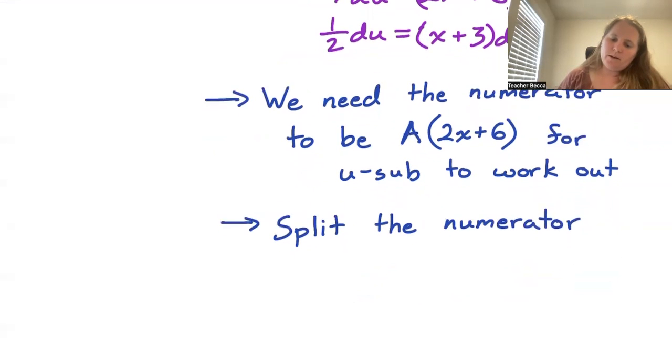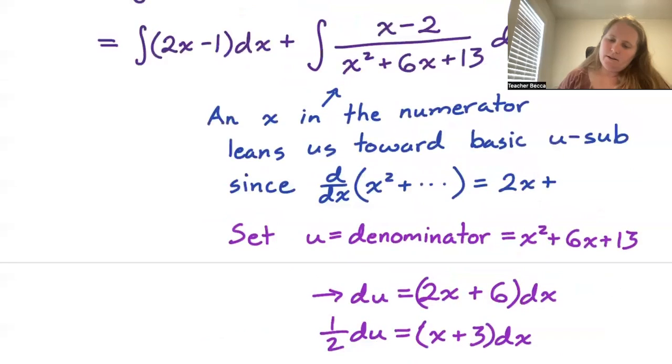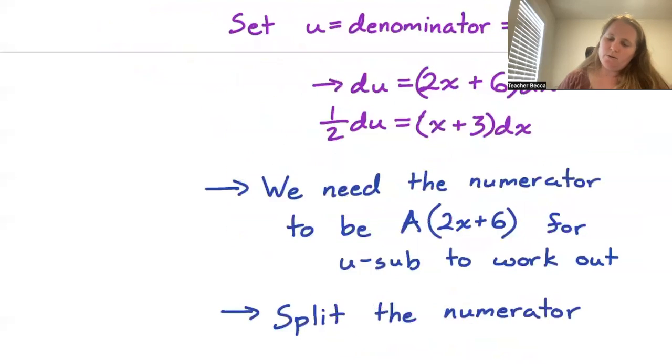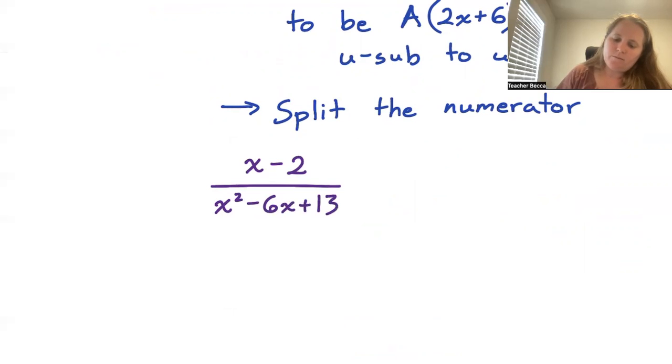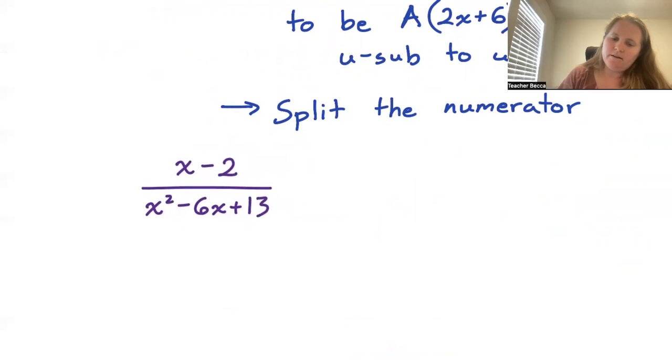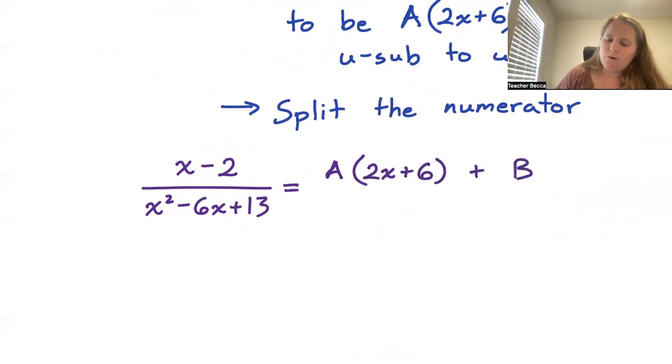So we had x minus 2 over x squared plus 6x plus 13. We are trying to rewrite this as something times 2x plus 6 plus some other number, all over x squared plus 6x plus 13.